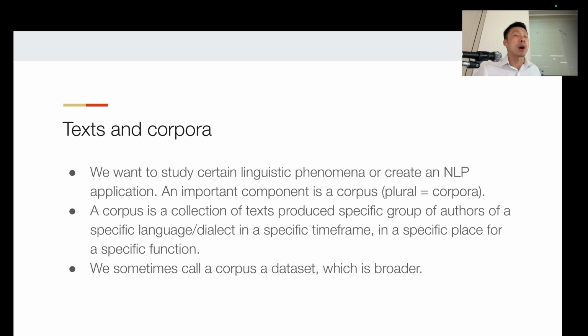It's a very important component for any NLP system, although we never see it. As an NLP system developer, we have to work with text all the time, basically.